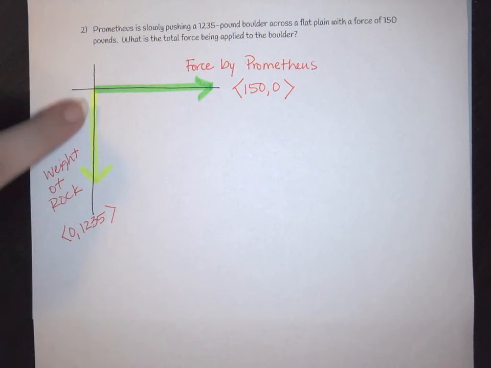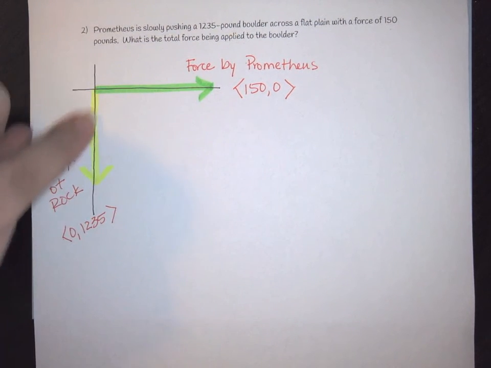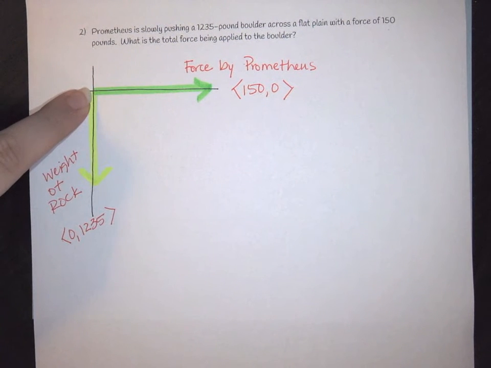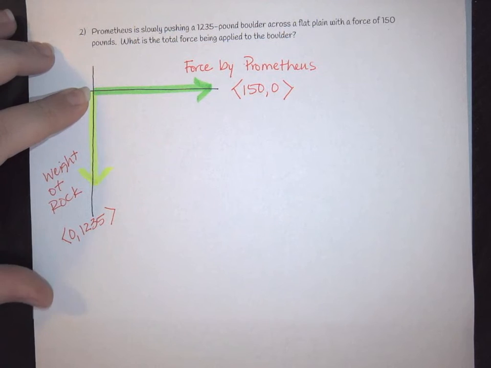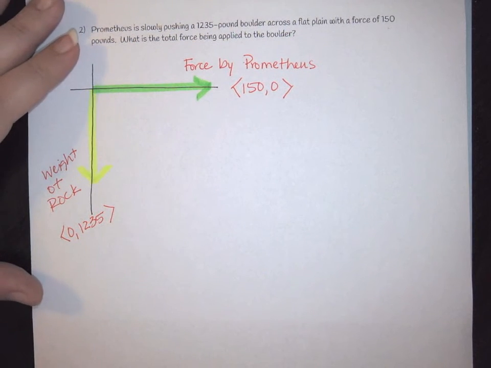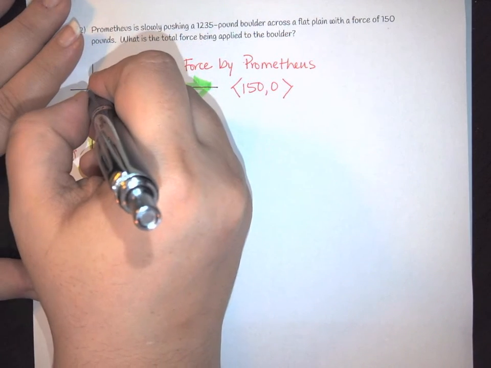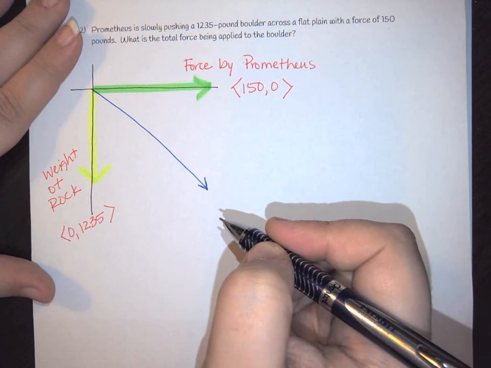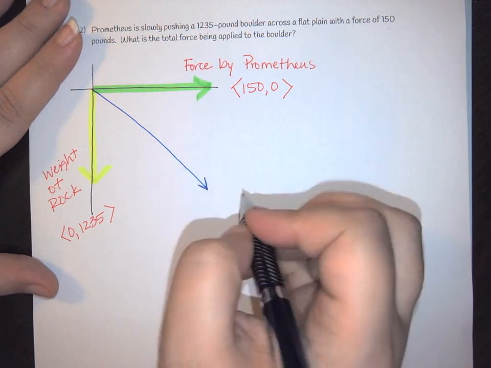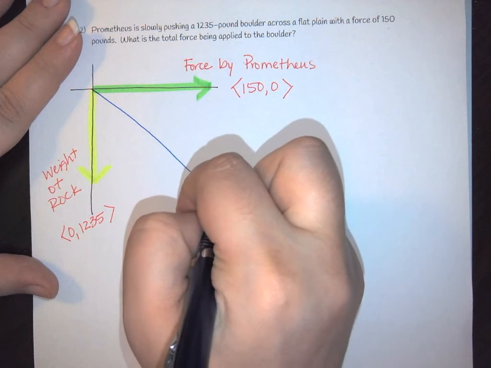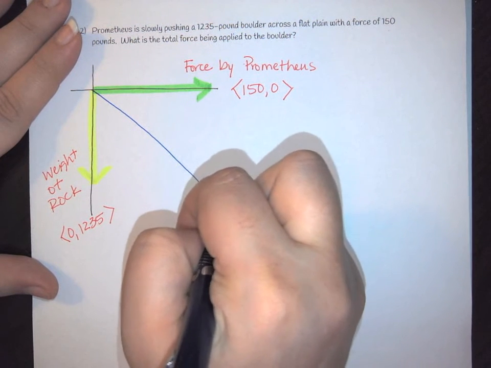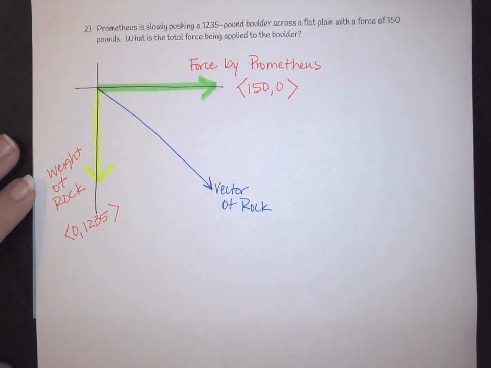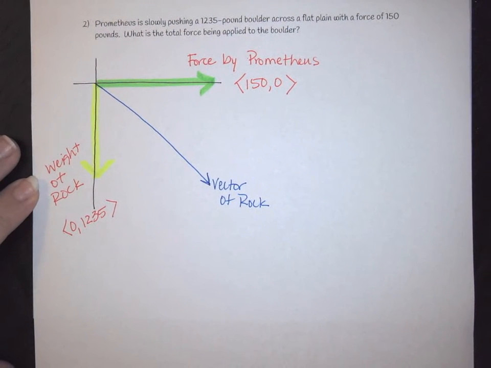So we have to look at what that means in terms of our vector. We have two vectors being applied, pulling away from each other, but they both start at the same place. What that means is that the vector we have comes out from the two of them down this way. So this is going to be the vector of your rock, and it is dependent on the force of Prometheus and the weight of the rock.